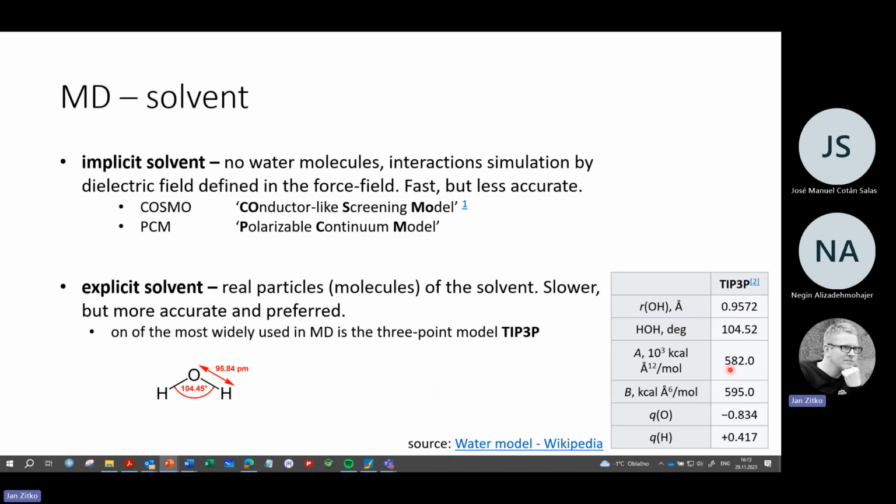Then you have to define the strength of the bond, the strength of the stretching, so the higher the number, the less stretching. This is the strength of the angle bending, and then you have the Qs, which are charges. The charge on oxygen will obviously be negative, and the charge on hydrogen will obviously be positive. This is how the model is constructed.